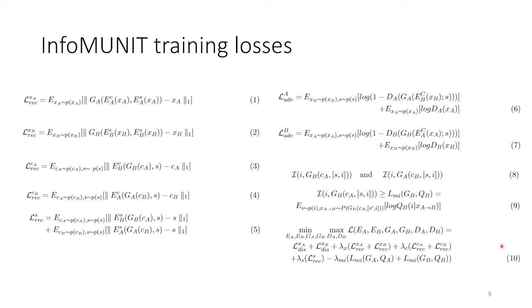And then in equation number 10, we have the final training objective of InfoMUNIT, our model, which is a combination of all the reconstruction losses, the adversarial loss, and at the same time maximizing the mutual information between the latent code and the generated image.